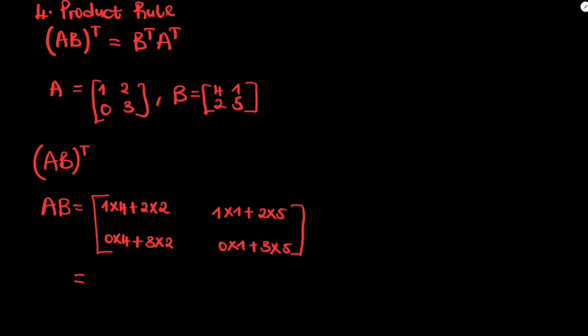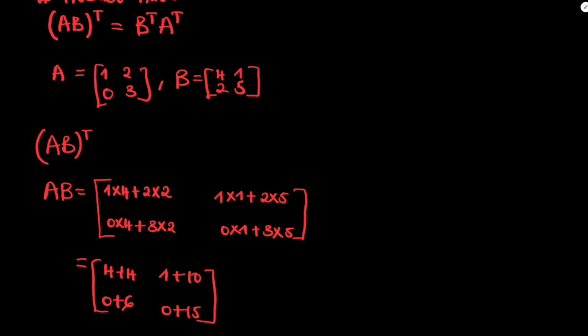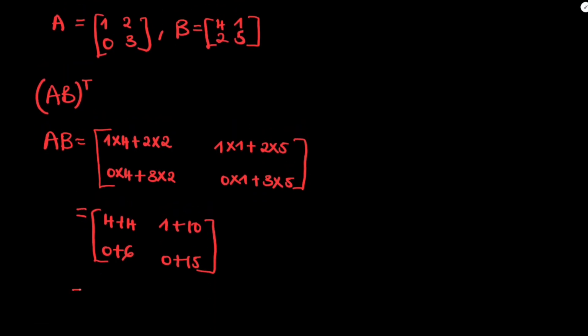Okay, so let's simplify. 1 times 4, that is 4 plus 4. Here we have 0 plus 6. Here we have 1 plus 10. And we have 0 plus 15. So this gives 8, 11, 6, and 15.